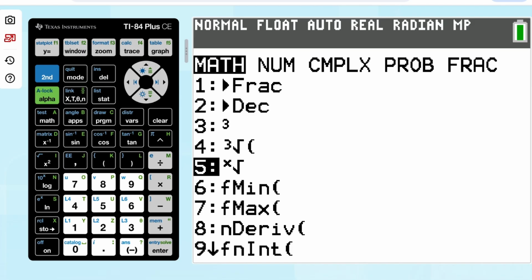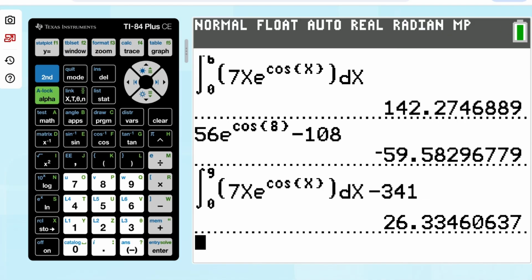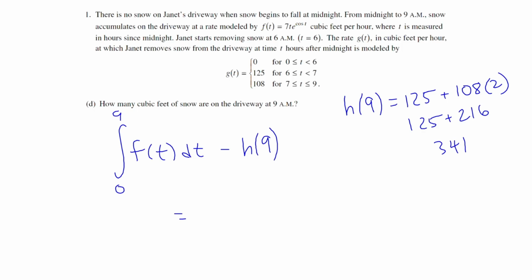So we'll do math option number 9, we're going to do an integral from 0 to 9 of our function 7x e to the cosine x dx. And then we're going to subtract 341 from that, which gives us 26.335 when we round.